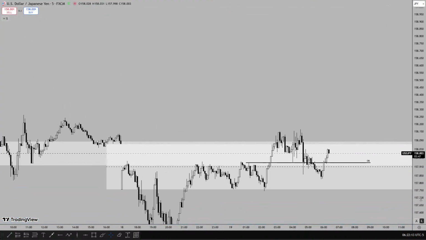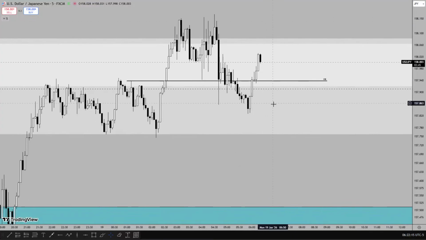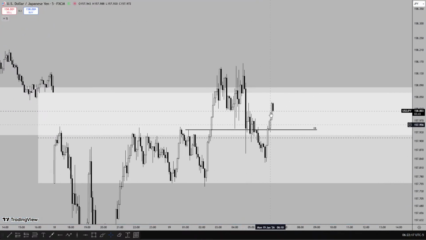On the 5 minutes, you can see there's a shift in structure from the order block going for the swing high. I think during the New York session, we might see an expansion trading higher, guys, if I were to be right about the price.